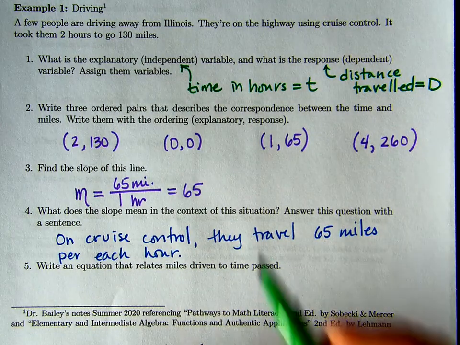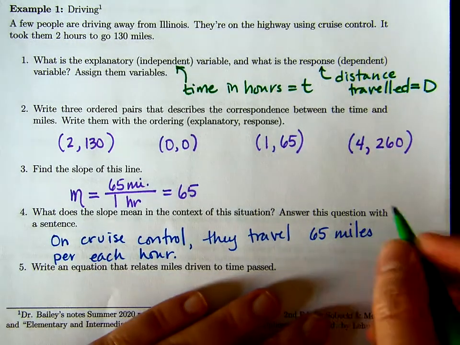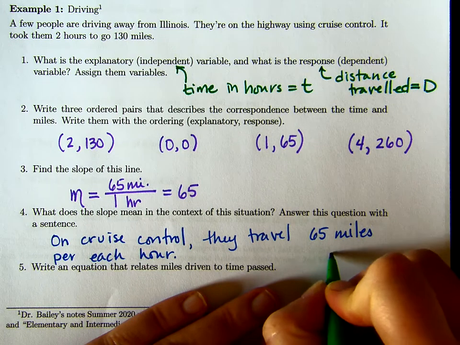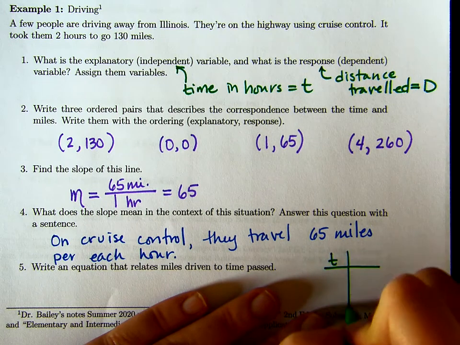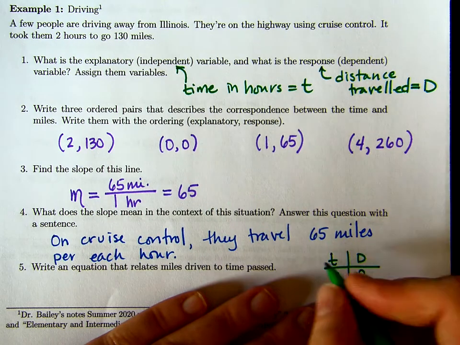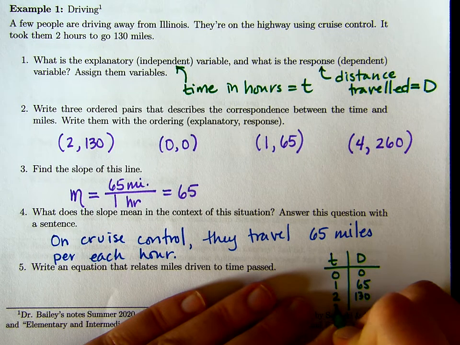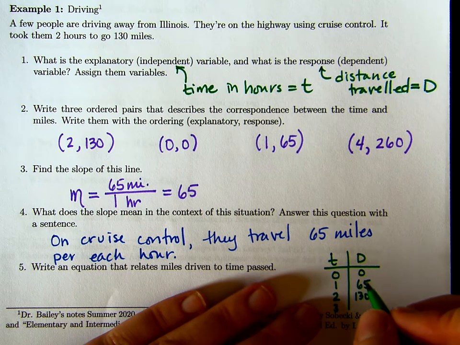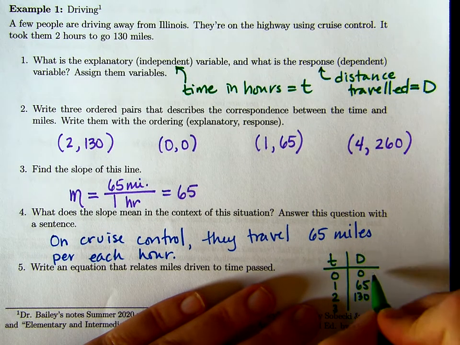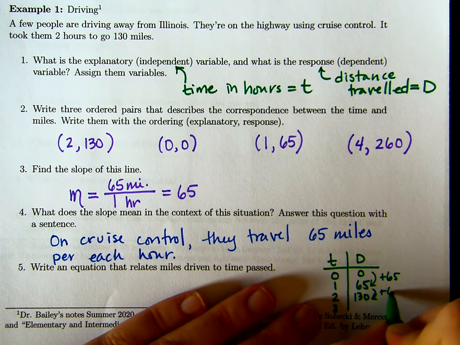So an equation that relates the miles driven to the time passed. I'm going to write the pattern too, because I like doing that. T and D. At T0, there was 0. At T1, 65. At T2, 130. At T3, oh, we did not. What is the constant increase here? Plus 65.